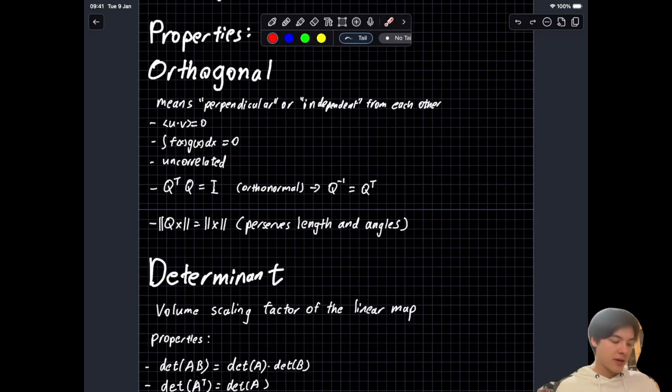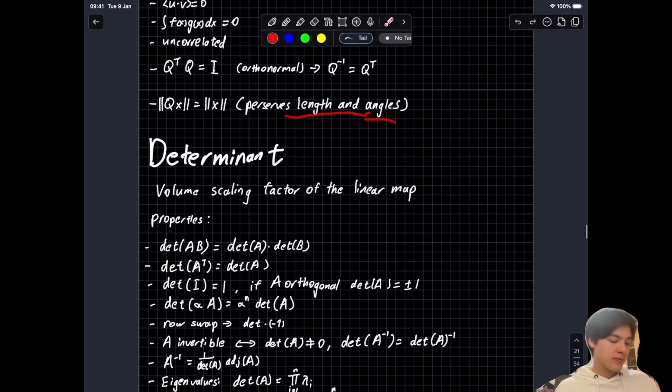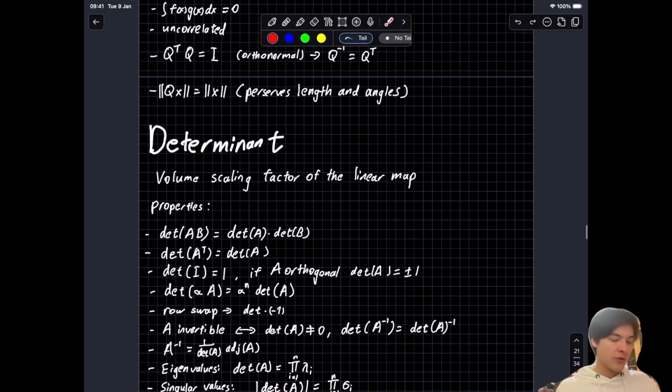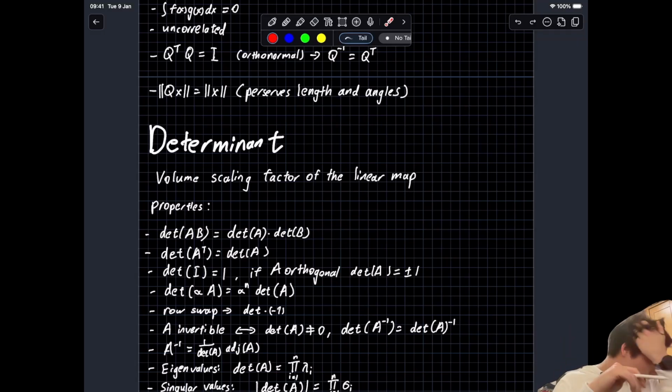This orthonormal preserves length and angles when we apply a transformation, like the QR transformation before. It just does a rotation of some sort.